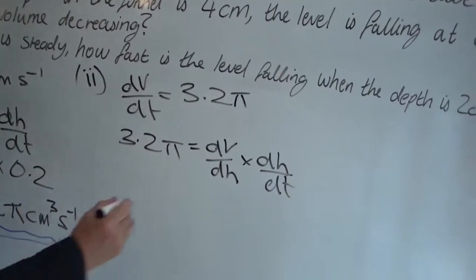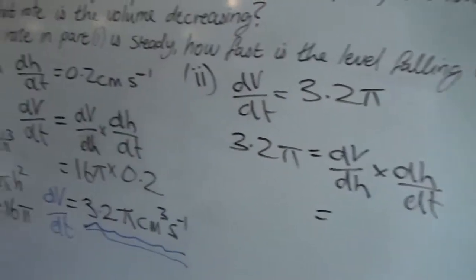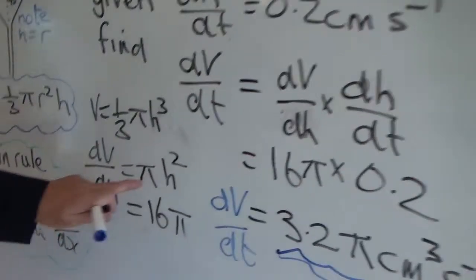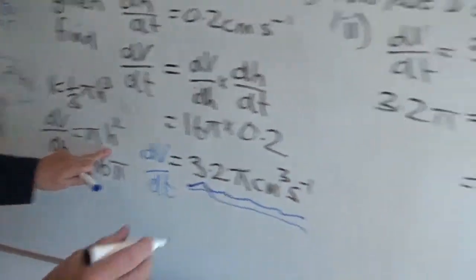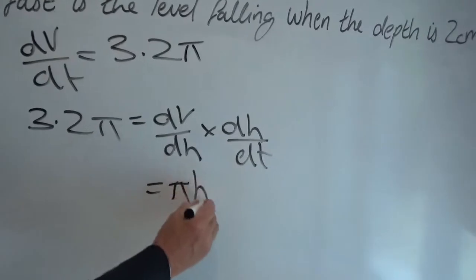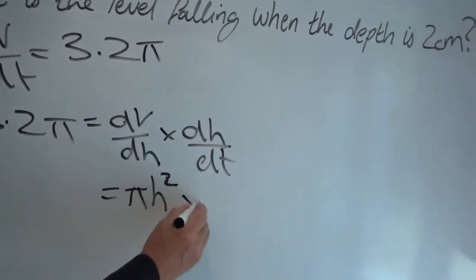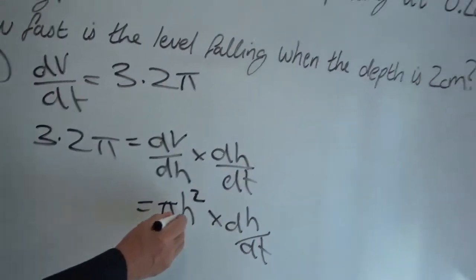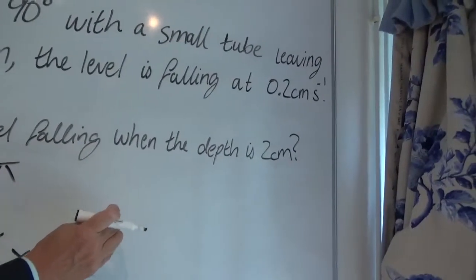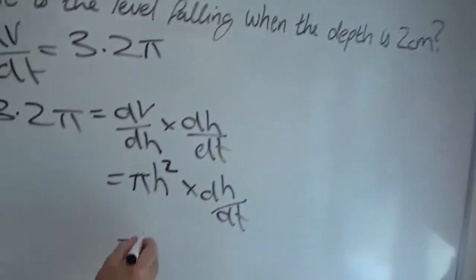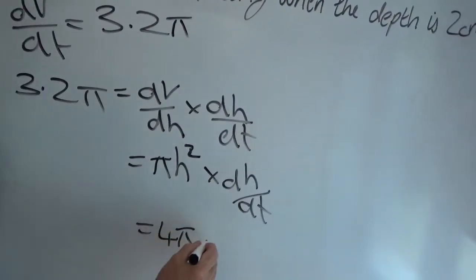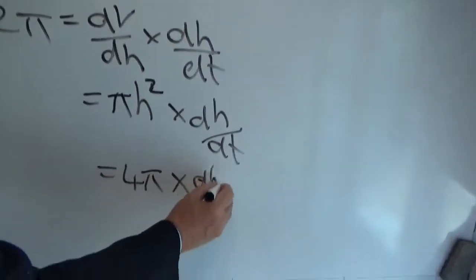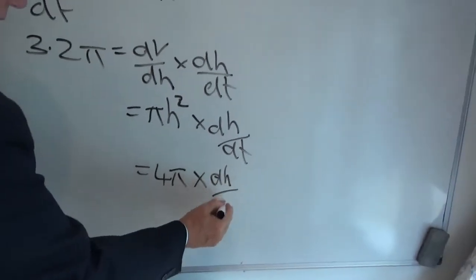So what is dV/dH? dV/dH we found earlier was pi h squared. I'll put that in here. Pi h squared times dH/dt. h is 2 centimeters, so we're going to get 4 pi times dH/dt.